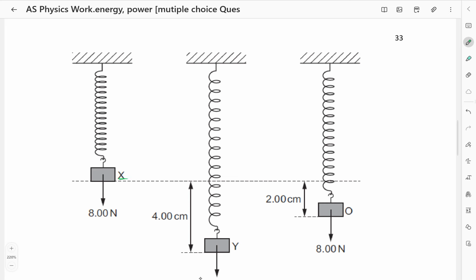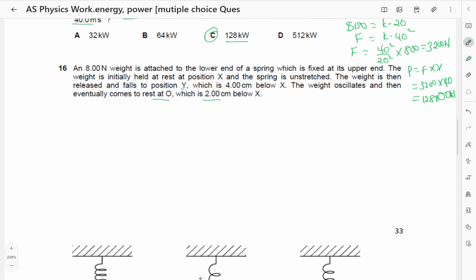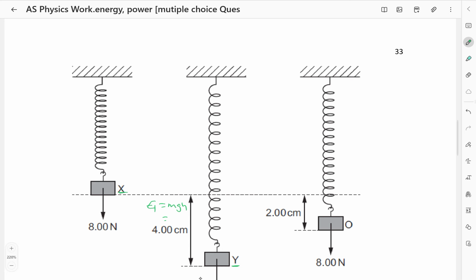From X to Y, there is a change in gravitational potential energy. The change in gravitational potential energy here, which I will call E1, is going to be equal to mgh. mg is 8 newtons, so I'll say 8 newtons times h, which is 0.04 meters.